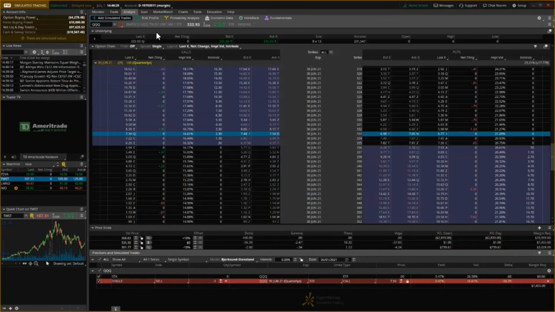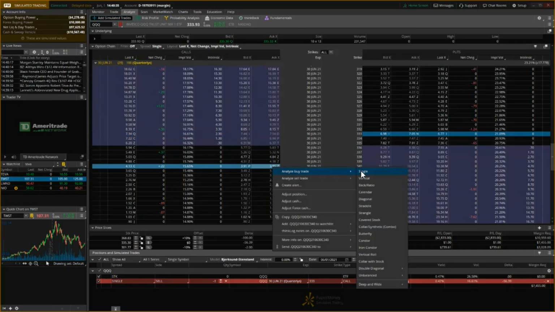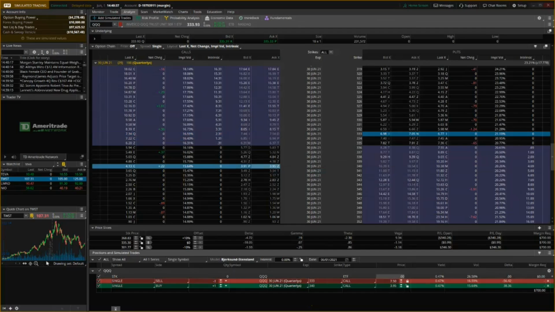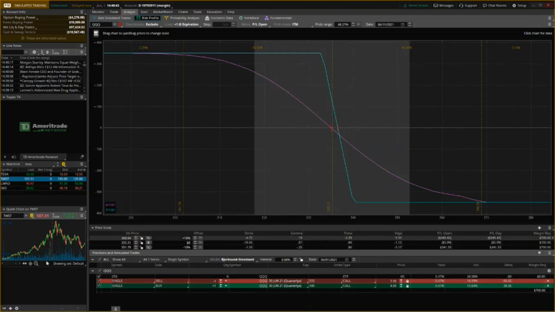So then we're going to have to buy out of the money options. And let's say we're going to buy the 340. We're going to pay, let's say, $4. And then we're going to hedge ourselves, and this is how it looks.